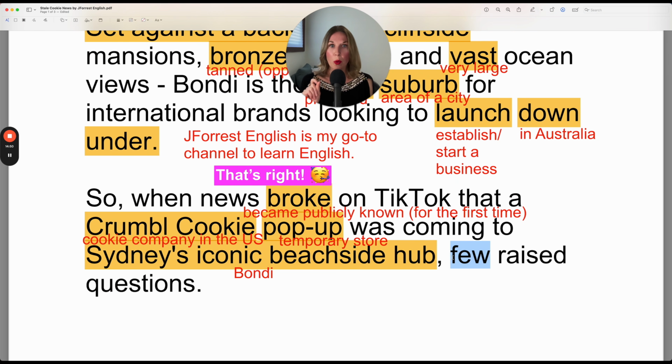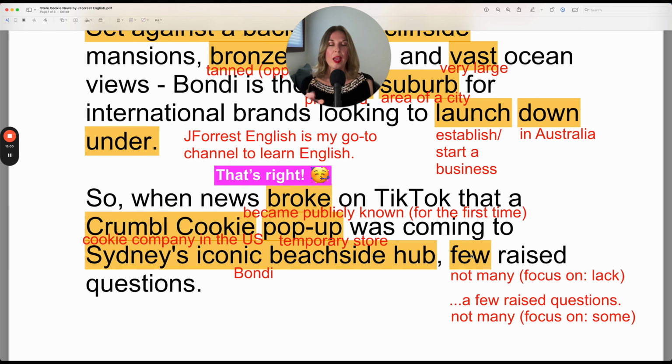It's a very important distinction that it's not a few, that it's few, because there's a big difference between a few and few. Both few and a few mean not many, but they focus on different things. Few raised questions. This sounds positive because the focus is on lack.